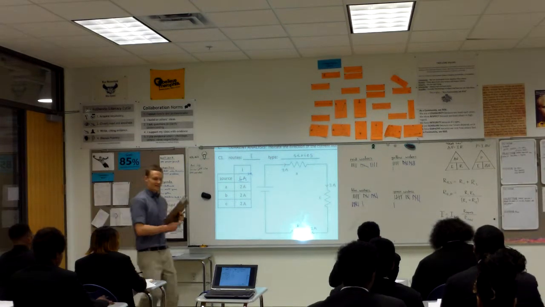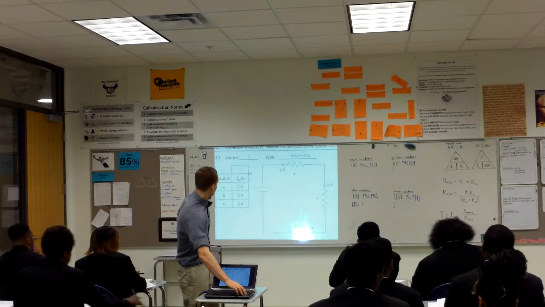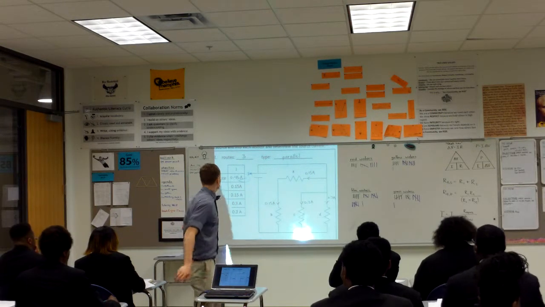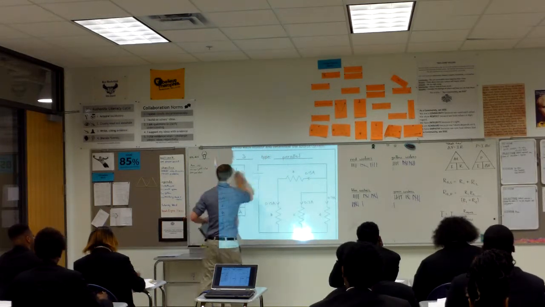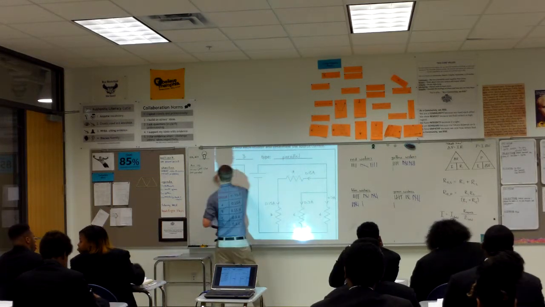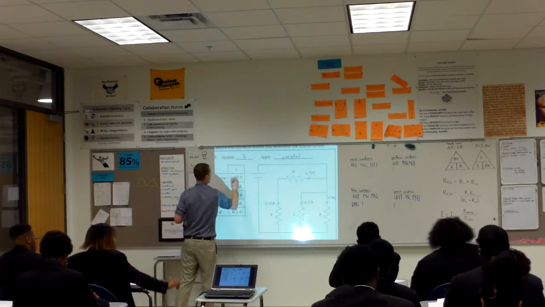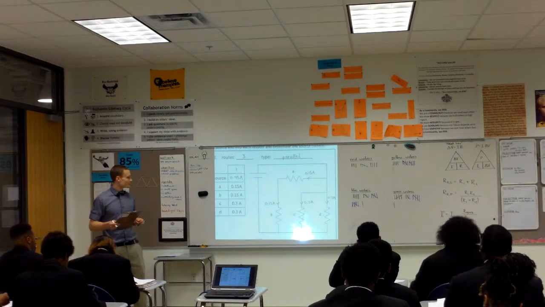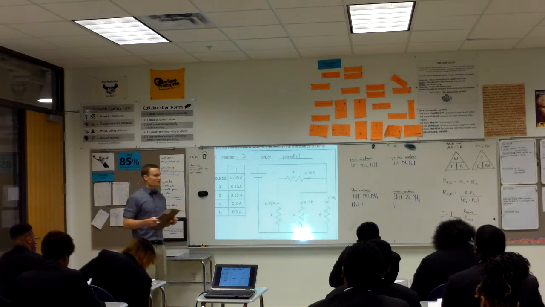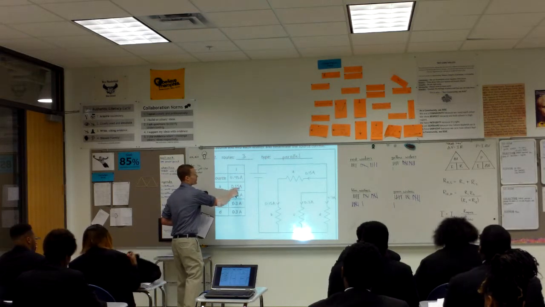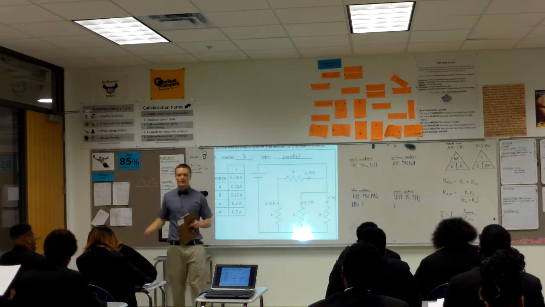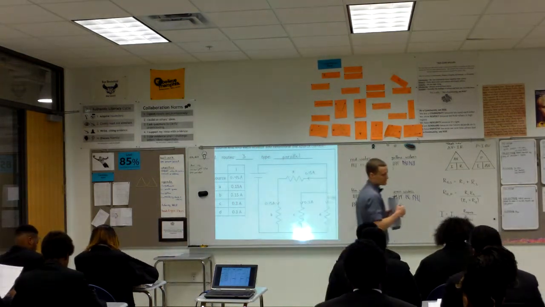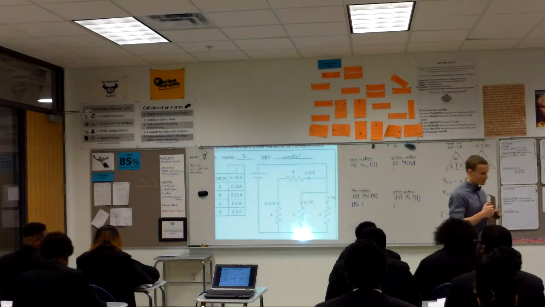All right, right now I just want to check this one. I said the source current was 0.45 amps. I got 0.45 by doing 0.15 plus 0.3. I didn't make a calculator mistake. I want to know, is that correct? I'll give you a little time for this one.